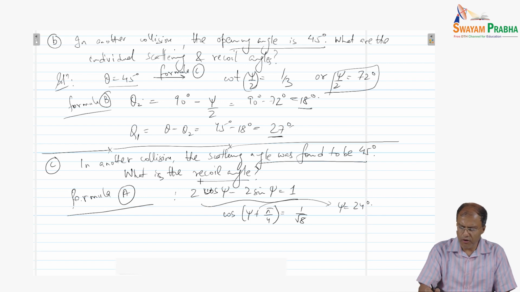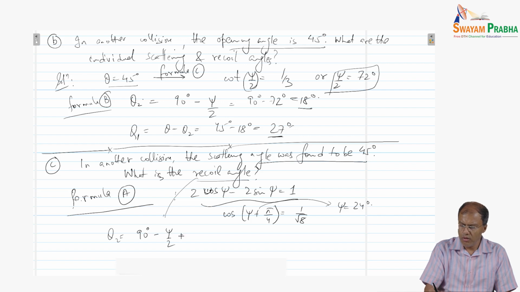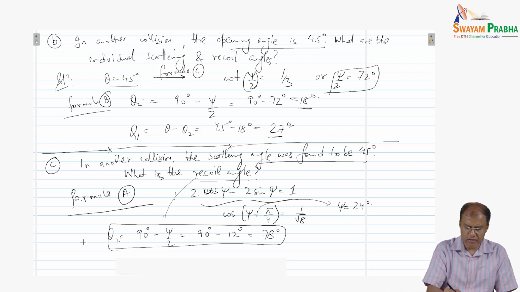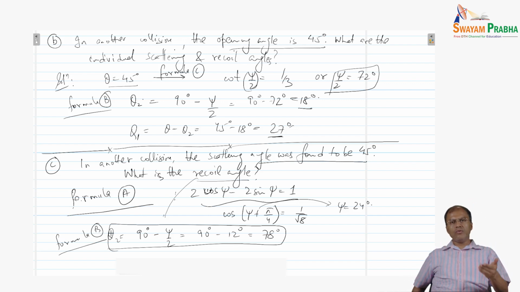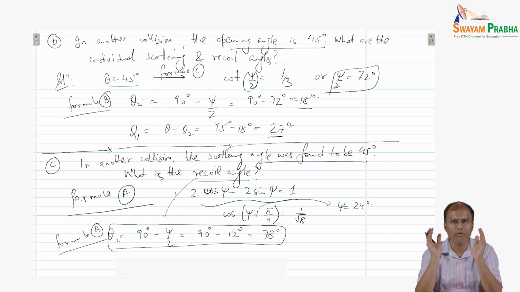We want to find the recoil angle. The recoil angle is 90 degrees minus psi by 2, which is 90 minus 12 degrees, which is 78. So my recoil angle is 78. This is from formula B.